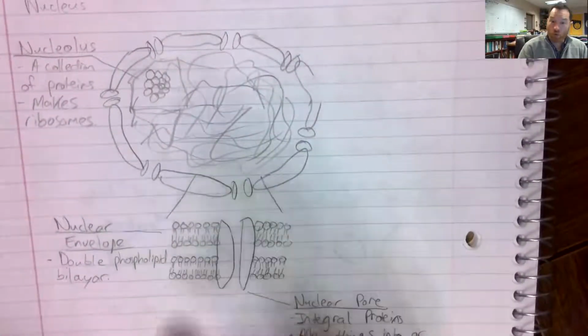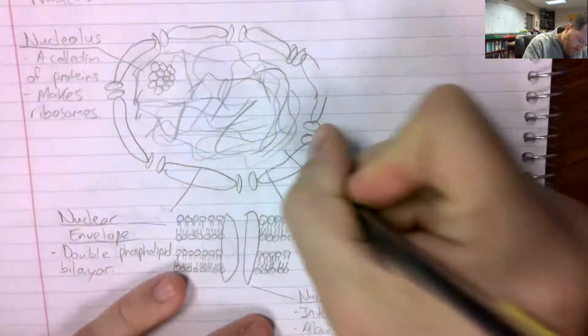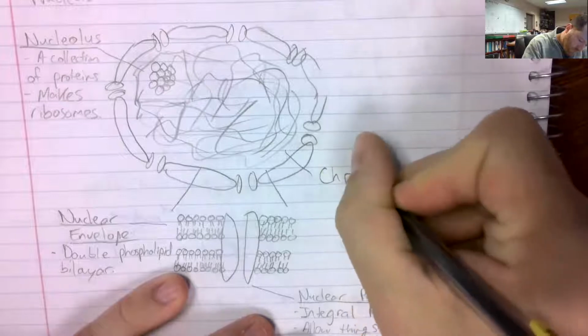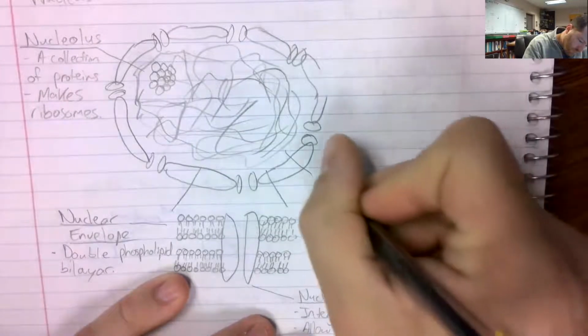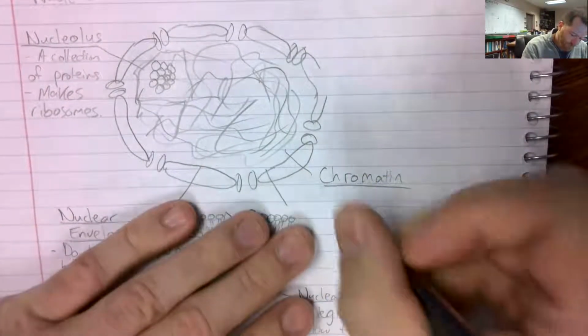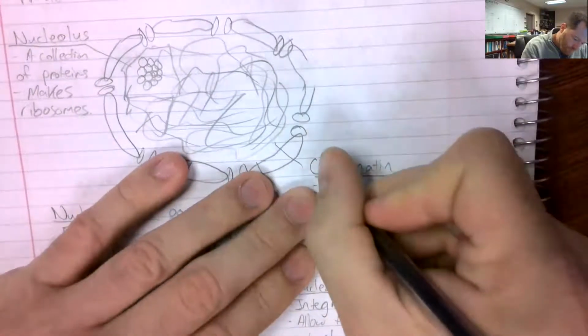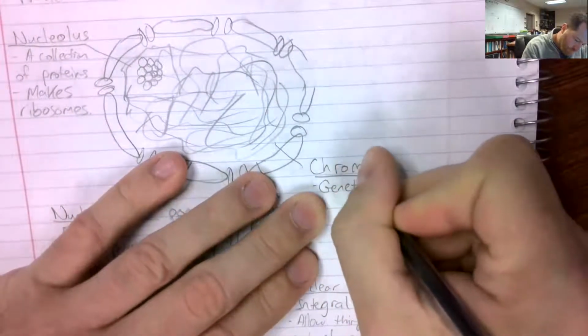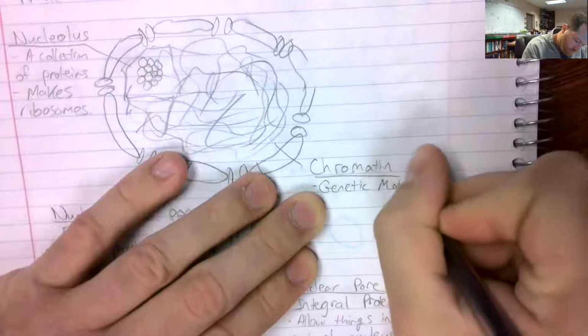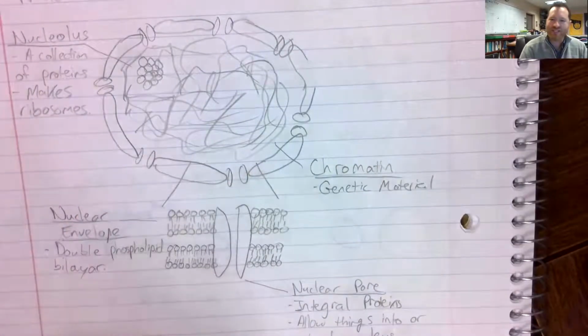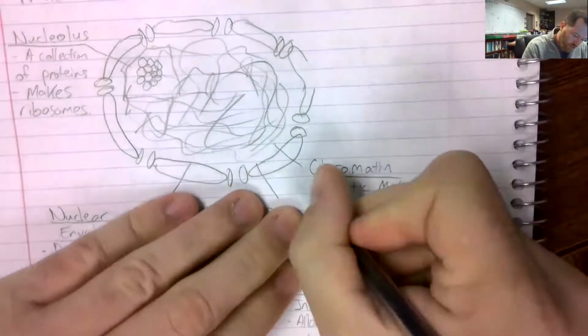All right, next up, what looks like a big plate full of spaghetti: chromatin. This is the genetic material.